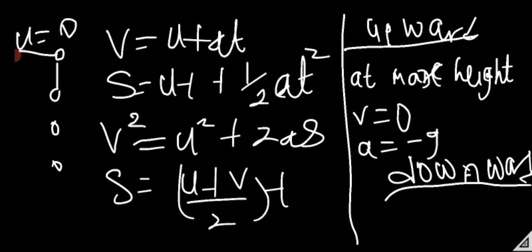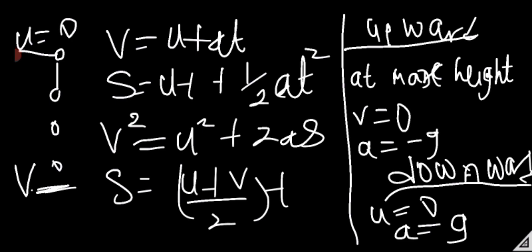So from here u will be equal to 0, but the final velocity will be given, right? There will be a final velocity here because it will land on the ground. Are we getting it now? So the initial velocity u will be what? 0. Now what of the acceleration? A will be equal to what? G, right? Okay, so I think we are done in this section.